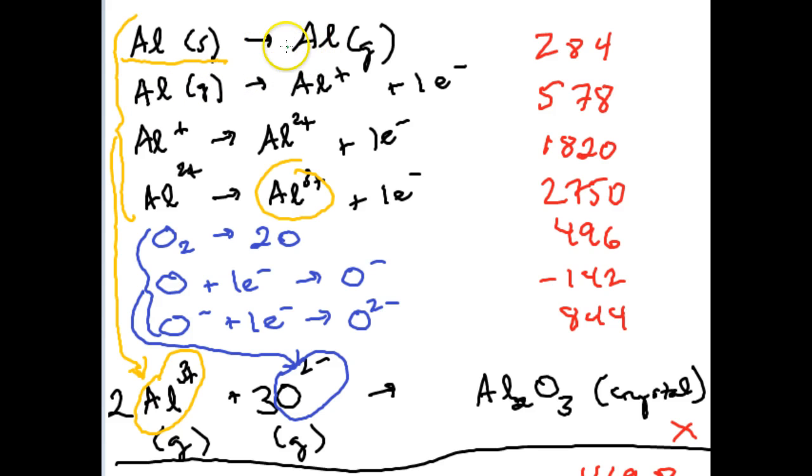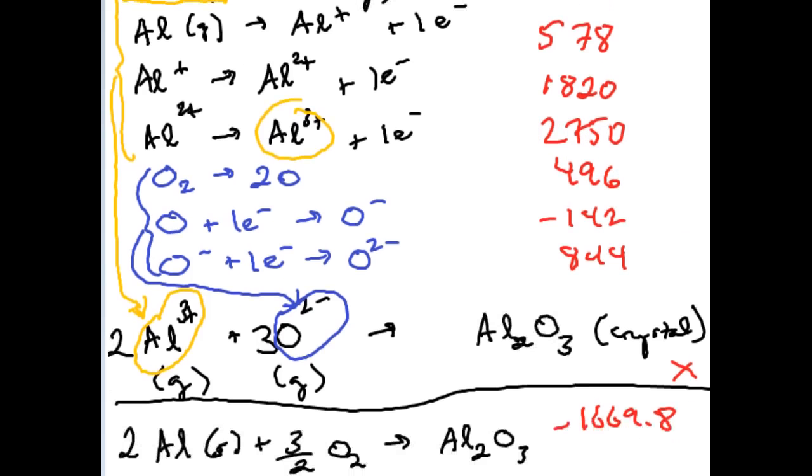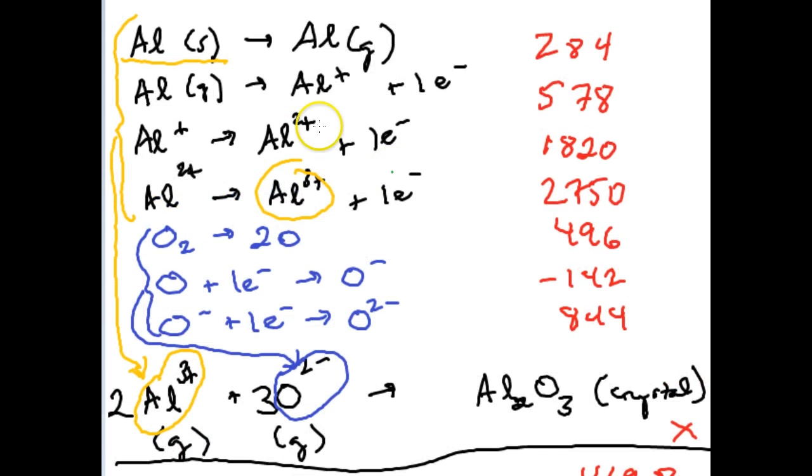But before I start canceling things out, let me make sure that I have enough aluminums. All right. So at the end of the day here, I need 2 aluminums. The total equation says I need 2 aluminums. So let me make sure I have 2 aluminum solids. I only have 1. So I got to multiply this by 2, this by 2, and therefore I have to multiply this by 2. Okay?